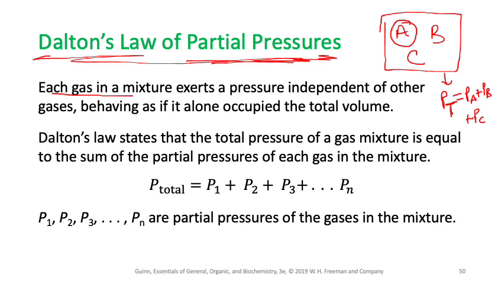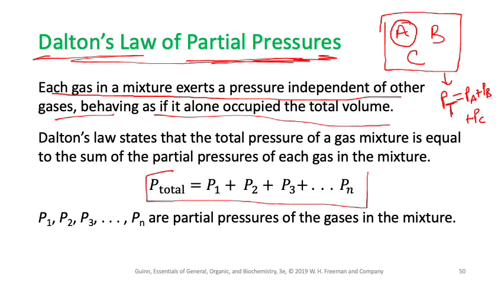So each gas in a mixture exerts its own pressure independent of the other gases, and it behaves as if it alone occupied that volume, right? And then the total pressure of the container holding a mixture of gas is always the sum of the individual pressures of the multiple gases, gas 1, 2, 3, 4, depending on how many gases you have. So P1, P2 are the partial pressures of the gases in that mixture.